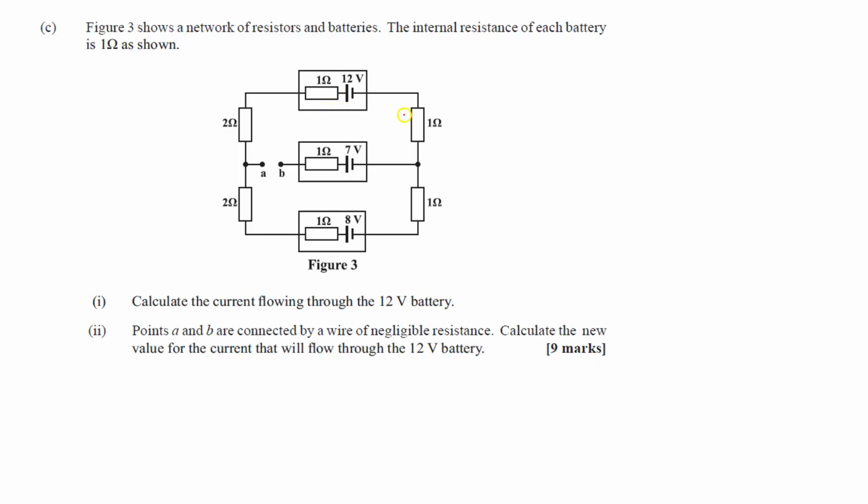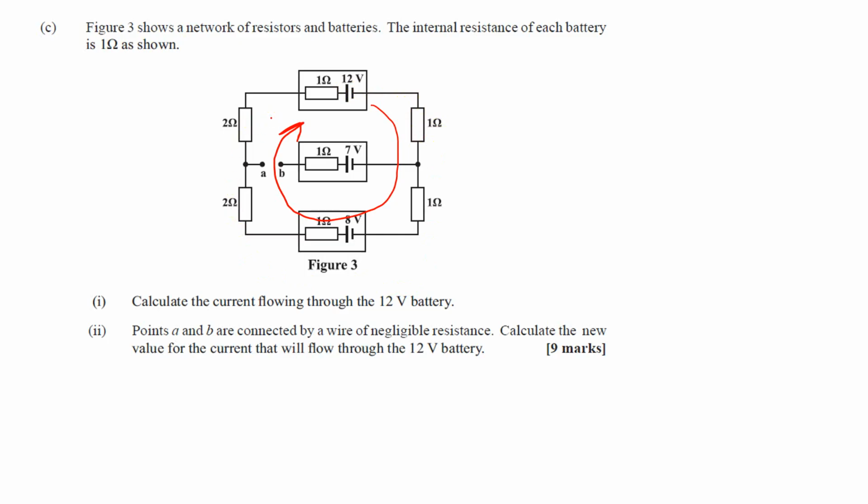So the best thing to do whenever we have a simple series circuit and we want to find the current flowing through the 12 volts is to use Kirchhoff's law, because this right now is one complete loop. And what you must understand is that in series, the current flowing through this battery is the same current flowing throughout all of these components.